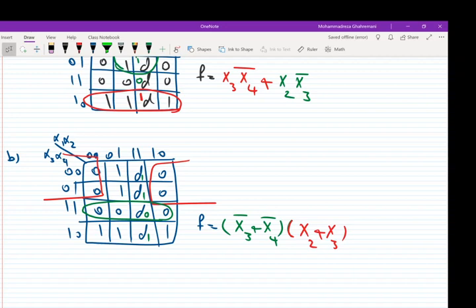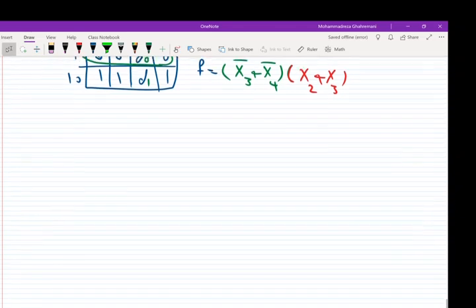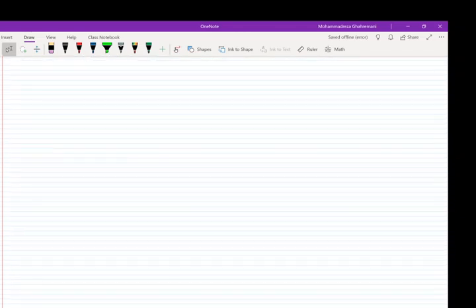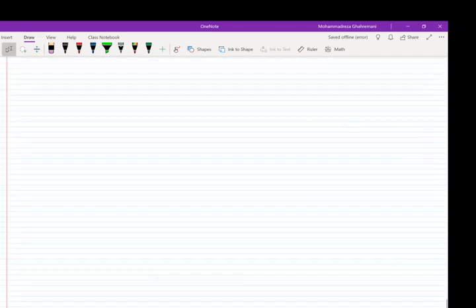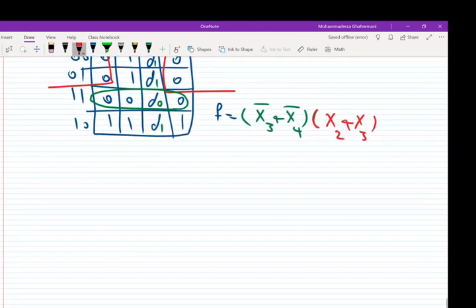Okay, now we are going to show one example in which we design a circuit by considering the concept of don't cares. Here is the design example.